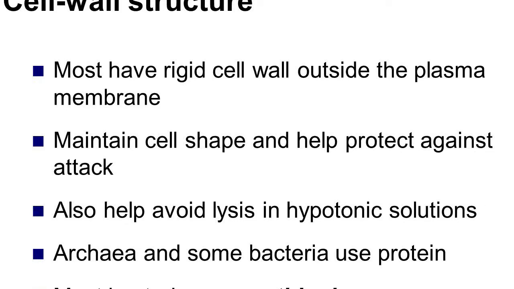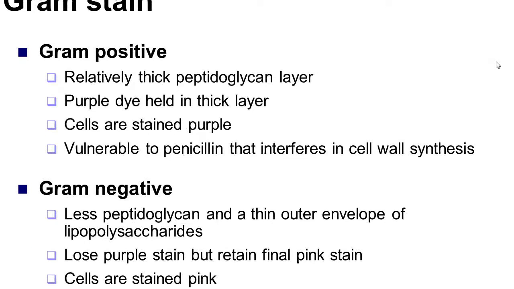Now we're going to compare 2 basic groups of bacterial species that have slightly different cell wall structures. Okay, so let's go on to the next slide here, Gram stains. The cell wall structure will determine whether a bacterium is gram-positive or gram-negative.